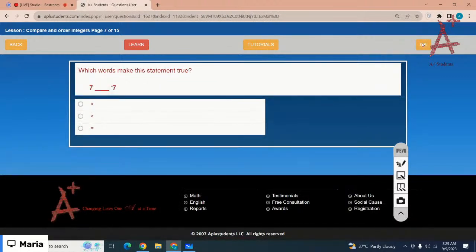Which words make the statement true? 7 and negative 7. 7 is a positive number, right? A positive number is always greater than a negative one. So 7 is greater than negative 7.